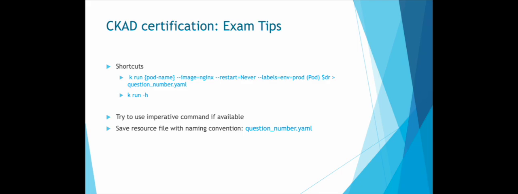What I would do is create that file with the name of the question number.yaml, so that if something happens and that resource is not working for now, I can just flag that question, leave the file there, and come back to review it, right? It will save time. So next time it will be easy, just pick up that number and review it. So always try to save files using the question number, and it will save some time.